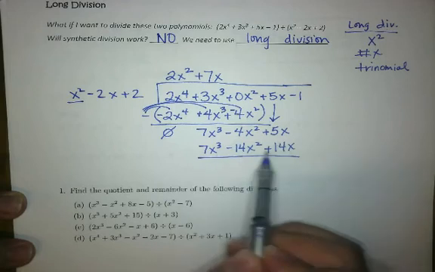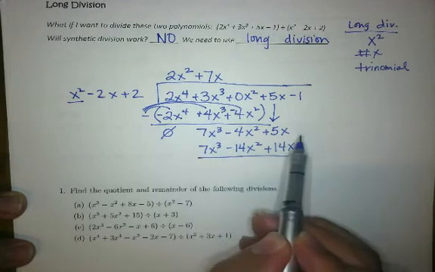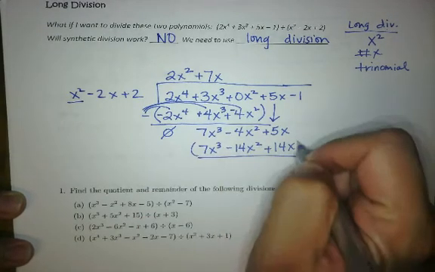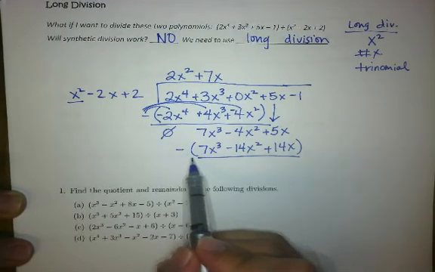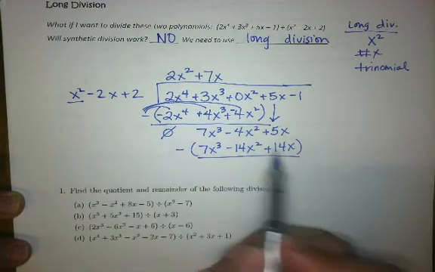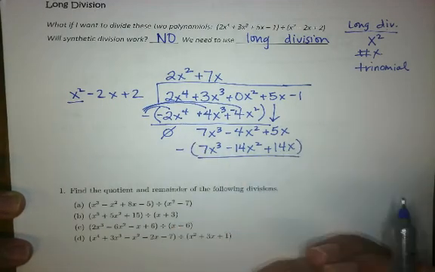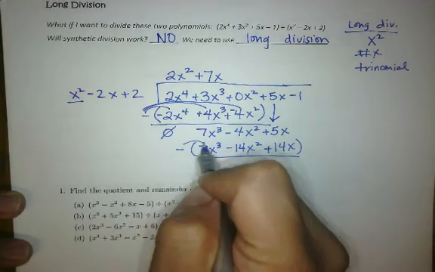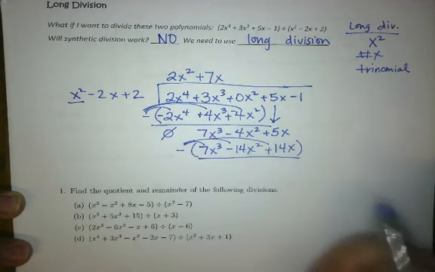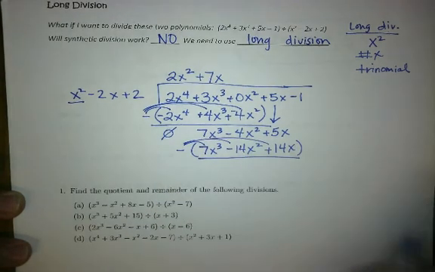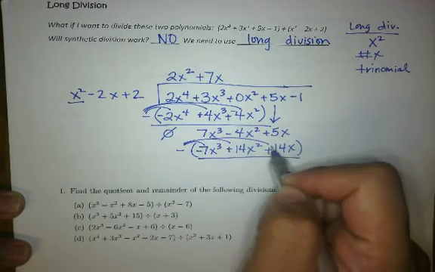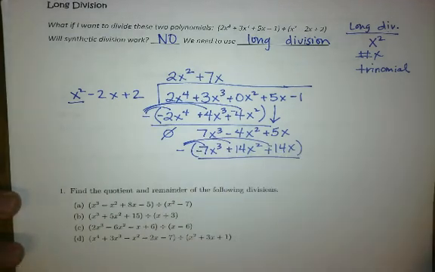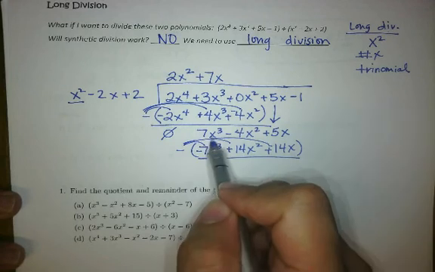So now we're going to subtract this middle row from the top row here. And I always put the parentheses because when I subtract, I'm subtracting this whole parentheses from this top one. And that's why we distribute that negative. So I have negative 7x cubed plus 14x squared minus 14x.